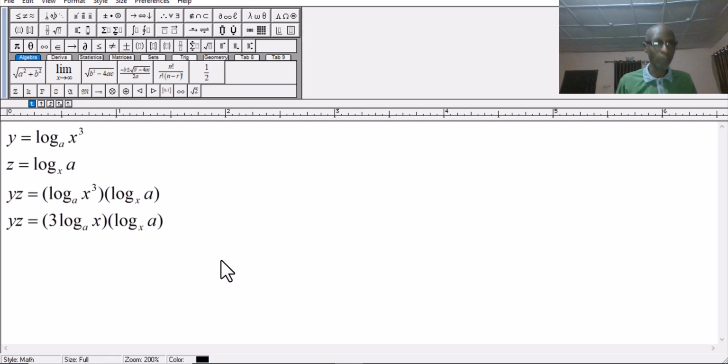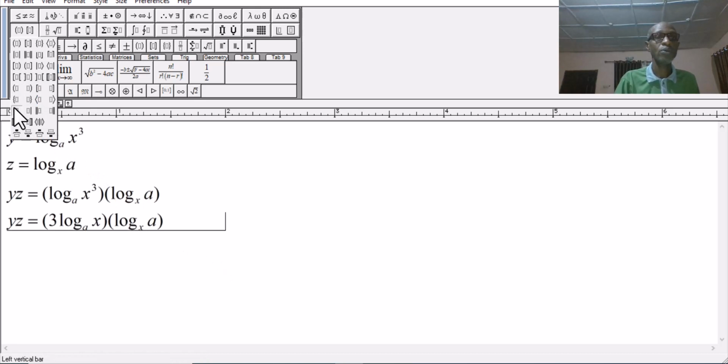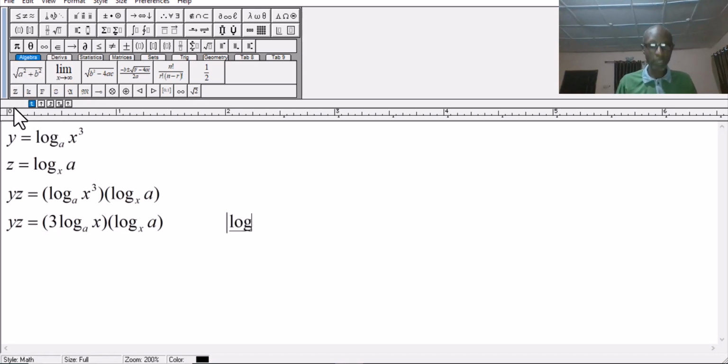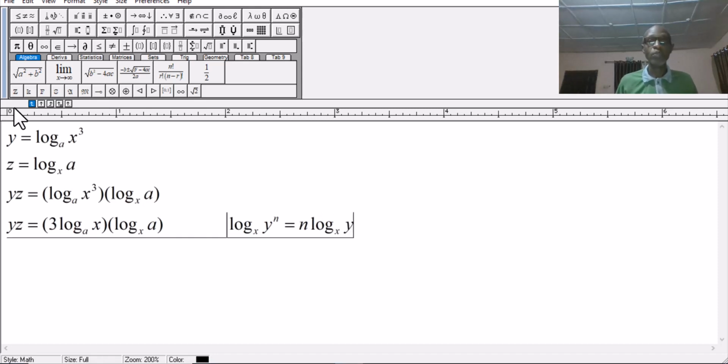So what we have just applied there: if you are given log, let's say a x to the power of n, that is the same thing as n log x y. So that's what we have applied to this. The concept, this 3 here has come to the back here. So this is what we now have. That's the concept of what we have just applied.